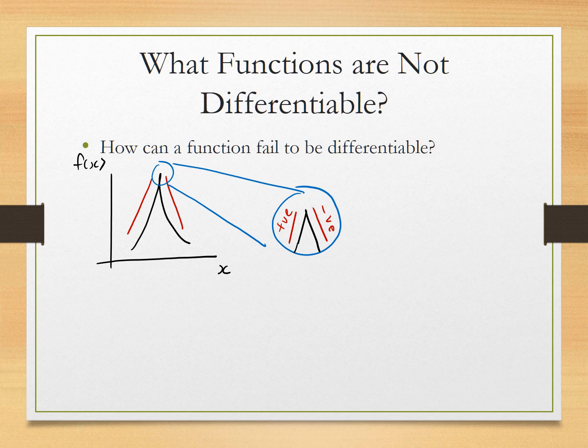The existence of a limit is relative to a point, so the existence of differentiability is also relative to a point. What this means is you can't use differentiation to find the slope at this very point at the top. But everywhere else, you can.